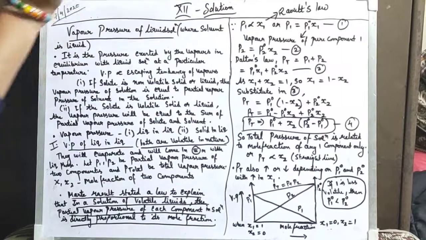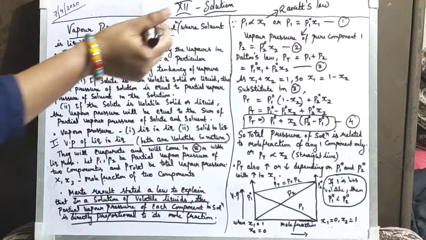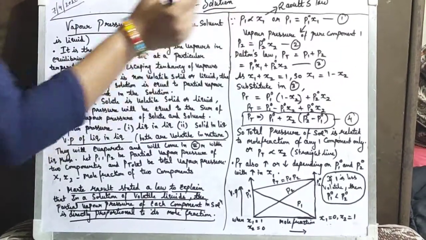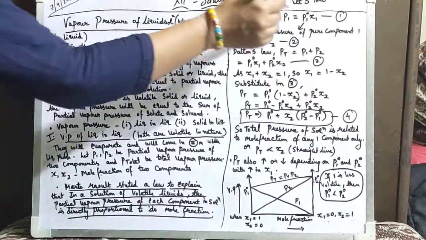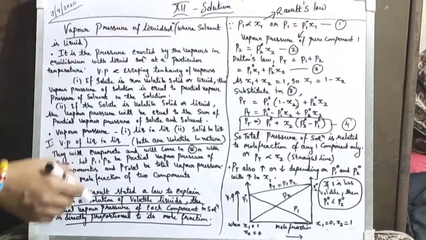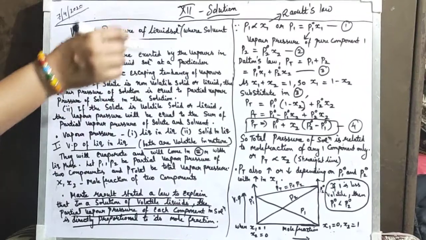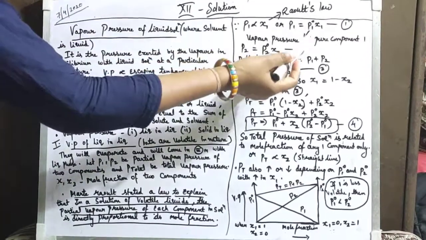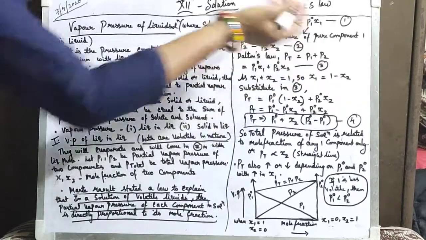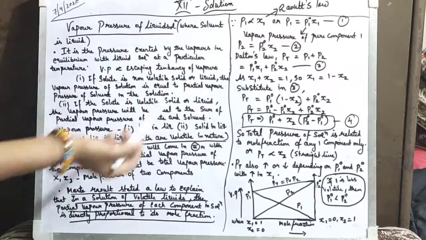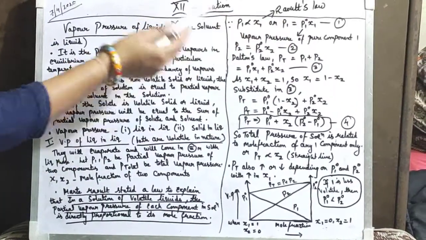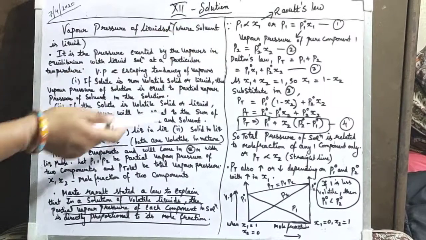That is, the partial pressure of the first component is P1, but P1 naught states the vapor pressure of the component in the pure state. That is another way we can say pure component. So P1 = P1 naught multiplied by x1. In the same way I have written for P2, that will be P2 naught x2, right?